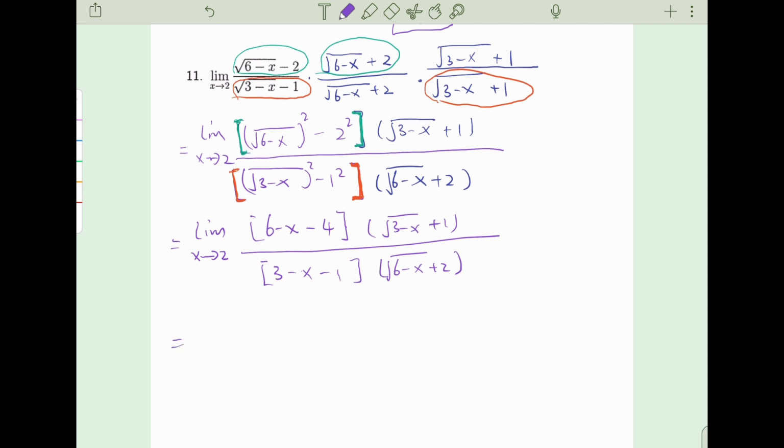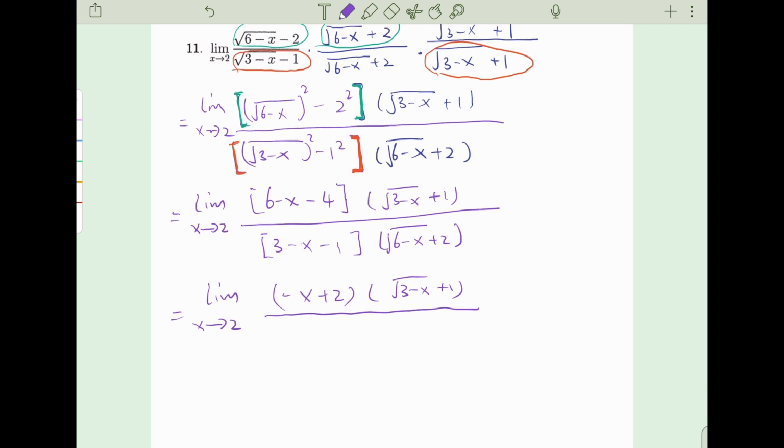Okay, so that comes to this negative x plus 2 on the top, and in the bottom I have negative x plus 2. Same stuff, right?